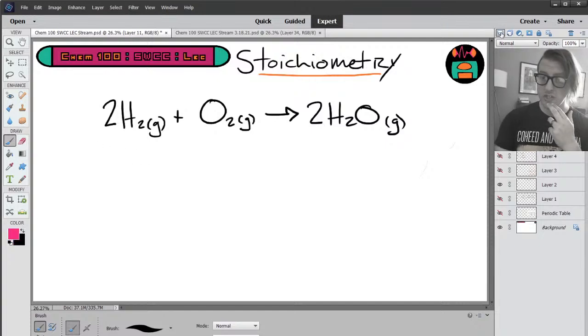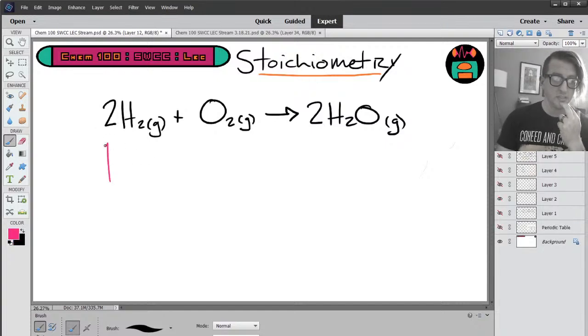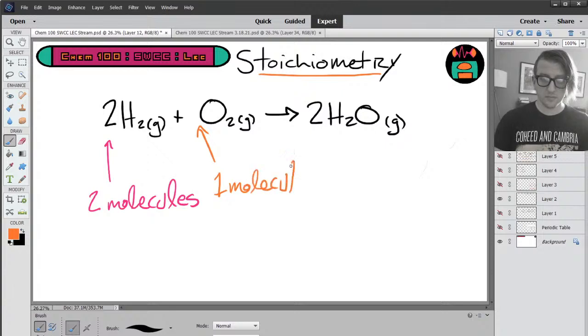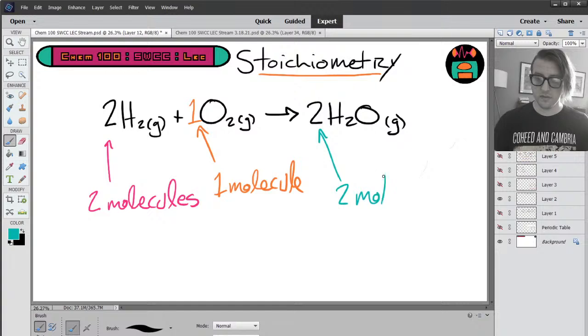One way you could read this equation is as 2 molecules of hydrogen react with 1 molecule of oxygen, because there's a 1 here, to produce 2 molecules of water.